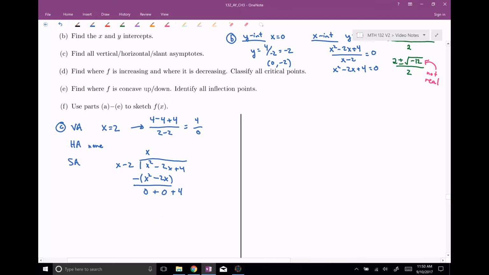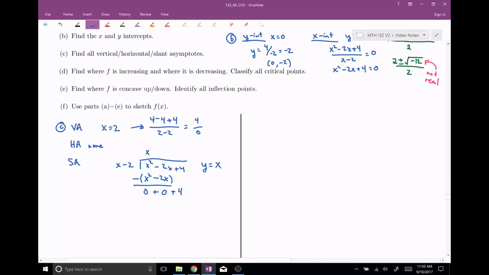All right, so we have a quotient of x, and we have a remainder of 4. And remember, kind of from our last video, that we're going to have a slant asymptote at y equals whatever the quotient is. So y equals x is going to be our slant asymptote in this case.